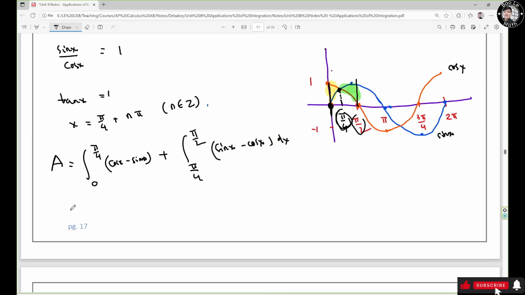Now you're going to simplify this by taking the antiderivative. The antiderivative of cosine is sine s.